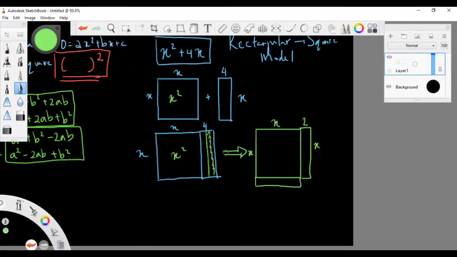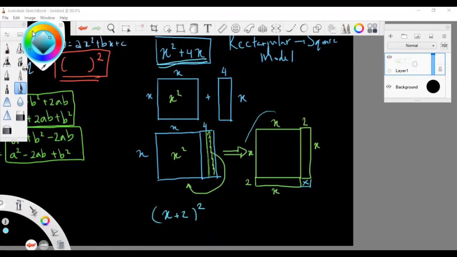Also here, I just put it on the bottom of the square, so this is x also. This is almost a square, but we have this leg. So we can change the form x squared plus 4x into (x plus 2) squared.